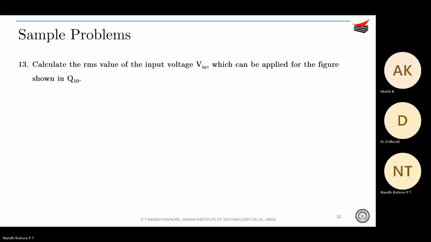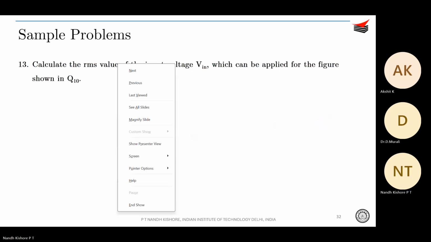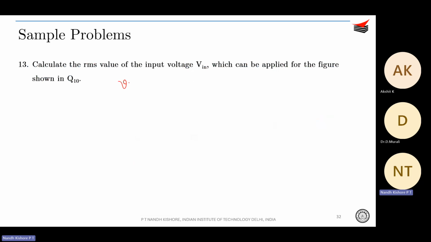Okay. Calculate the RMS value of the input voltage V in which can be applied for the figure shown in question 10. So what can be the RMS value for the input voltage that can be applied? If you want to derive by the natural relation, you would know that V is basically L di by dt, or you may also write this as N into d phi by dt.